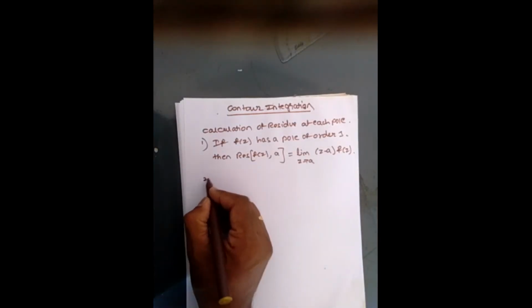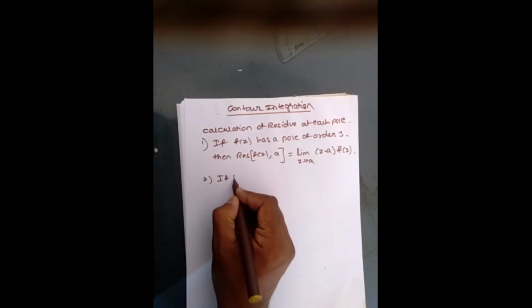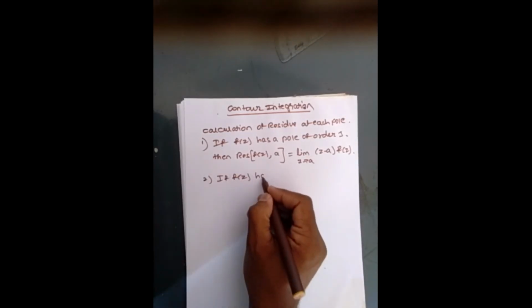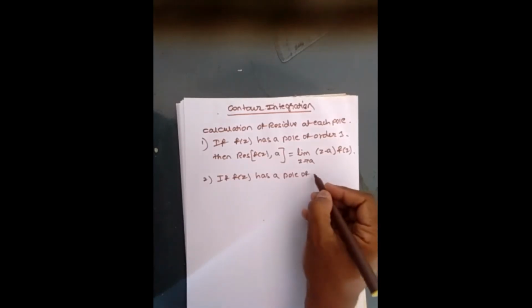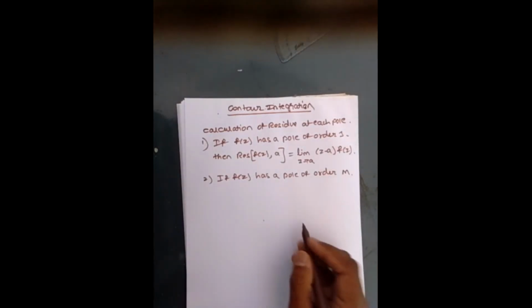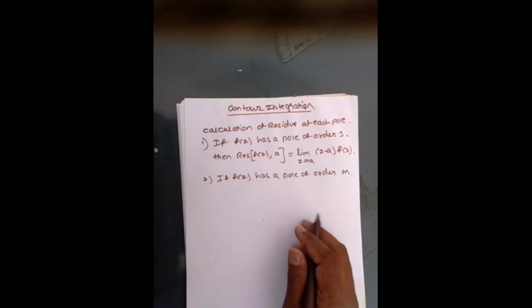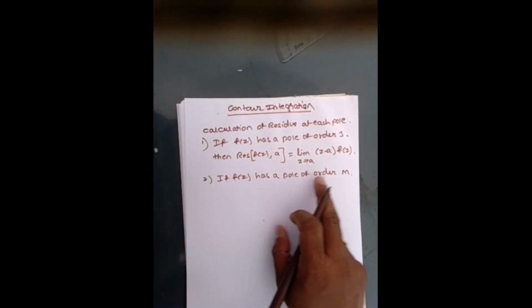Next, the second one, if f of z has a pole of order m. Of order m means what? If f of z has a pole of order more than 1.